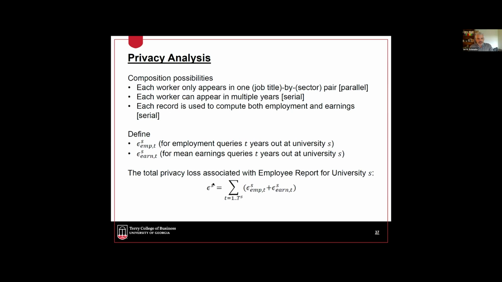Because if we set this privacy loss parameter the same for each job title by sector group, parallel composition tells us that the total privacy loss is still just epsilon s. So this is our total privacy loss associated with publishing the data for a single university.